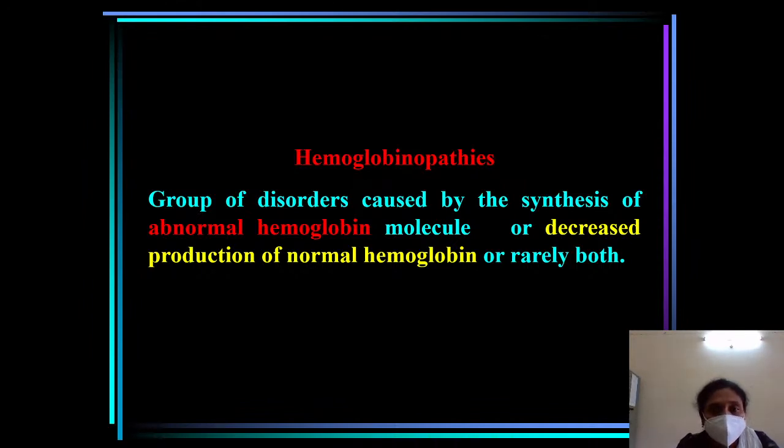Maybe due to mutations, the formation of abnormal hemoglobins, or else due to decreased production of normal hemoglobins, responsible for the diseases called hemoglobinopathies. Now first let us discuss hemoglobinopathies which are due to abnormal hemoglobin. One type of hemoglobinopathy is due to the formation or synthesis of abnormal hemoglobin.